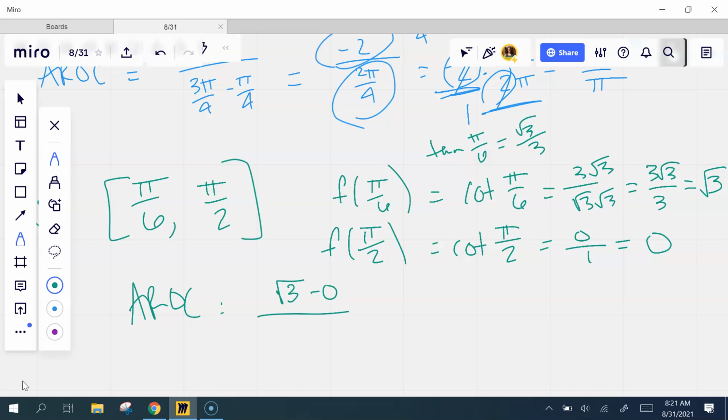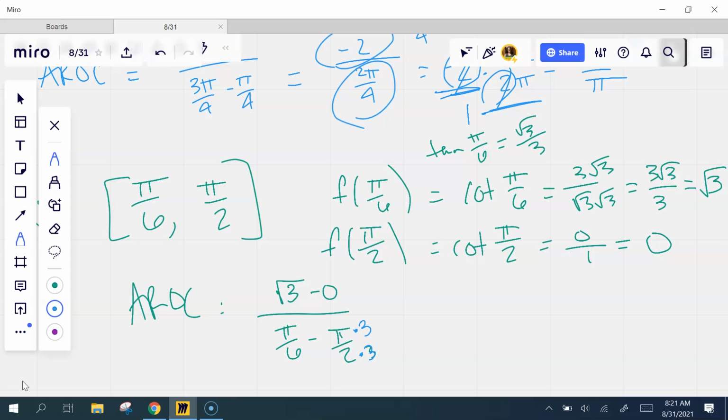How do you do square root of 3 minus 0? Don't think about that. It's okay. I'm just saying, usually when you subtract things, they have something, but 0 is nothing.